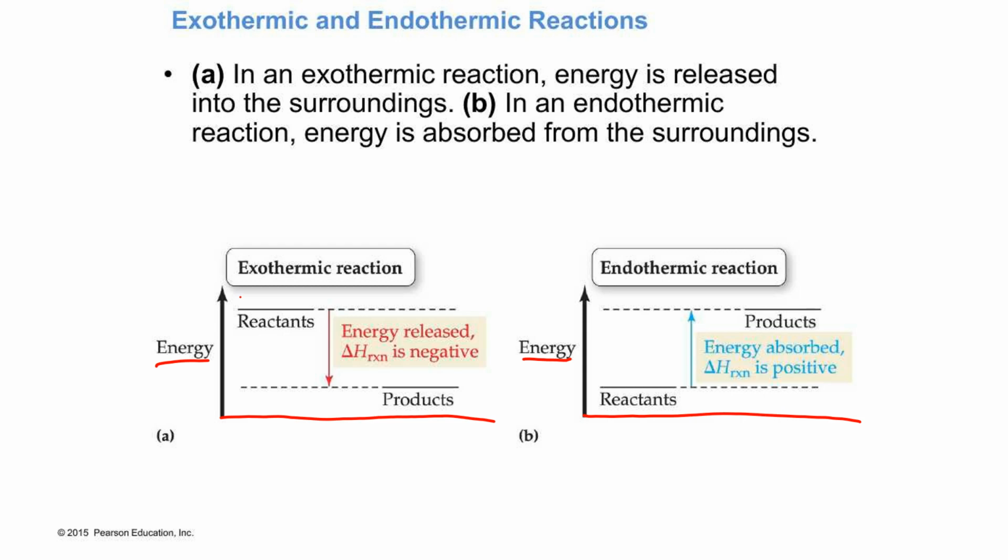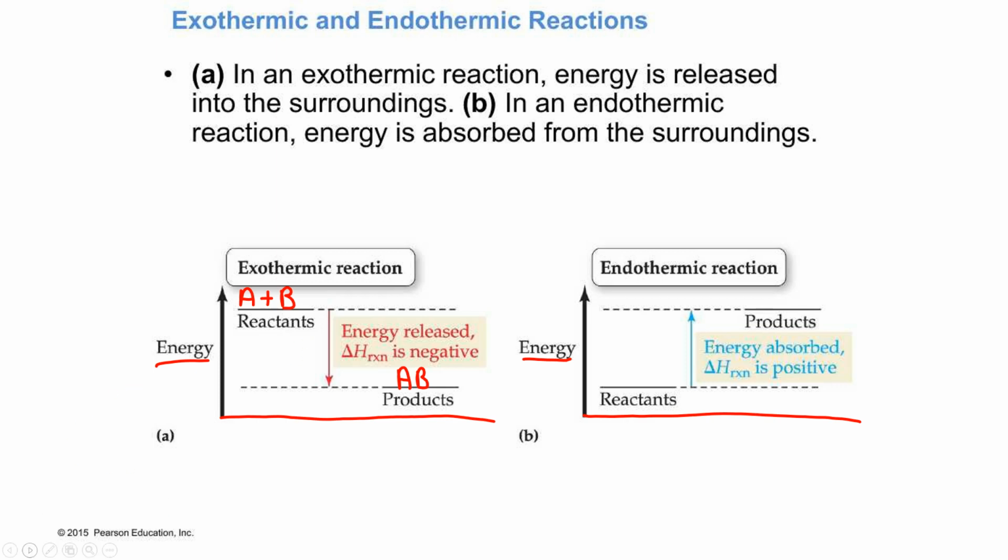So if I have my reactants, A plus B, and my products, AB, at the beginning of the reaction, in the reactant side or the product side, which one of these has more energy? The reactant. Reactants has more energy to begin with because we're up here on the graph.